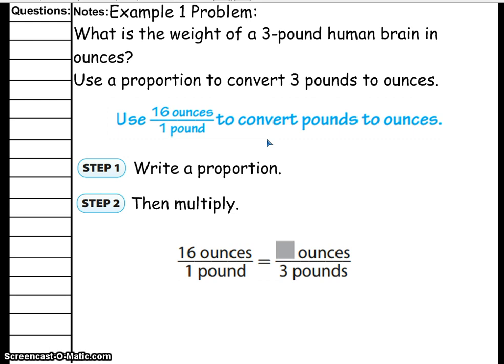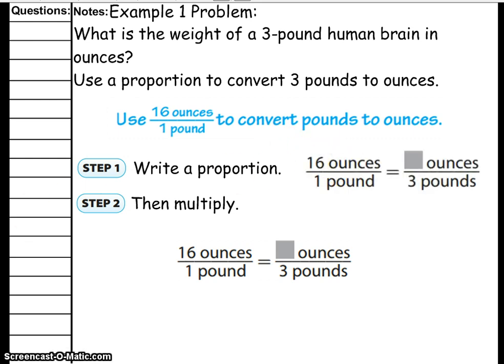So now that we found what we're going to use on our math chart, we're going to write the proportion. 16 ounces to 1 pound equals blank ounces to 3 pounds. We don't know how many ounces equals 3 pounds, so that's why we left it a blank. Now that we have our proportion set up, we can ask ourselves, how do we get from 1 pound to 3 pounds?